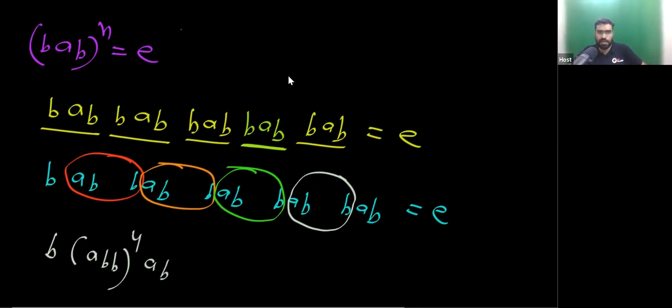Okay. This is given to you as N. Now you tell me one more thing: this is like N minus 1.